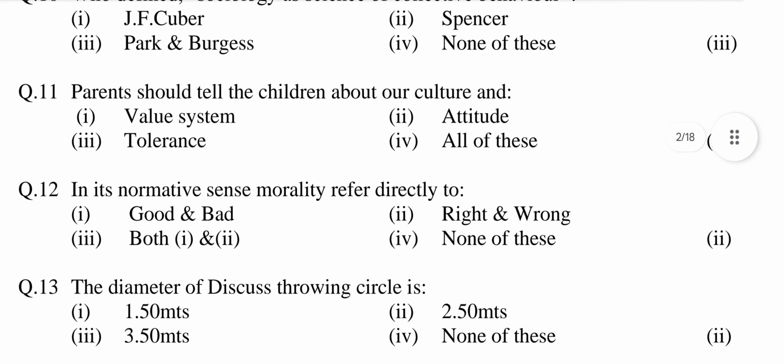Question number 11. Parents should tell the children about our culture and: option first, value system; second, attitude; third, tolerance; fourth, all of these. Answer is option first, value system. Question number 12.